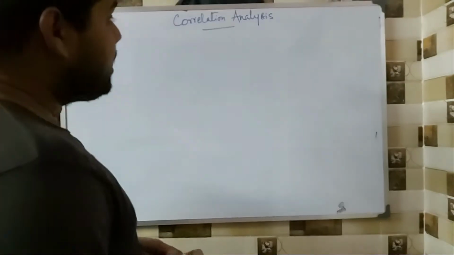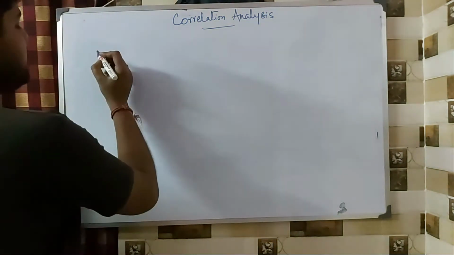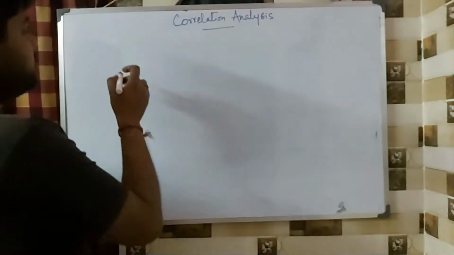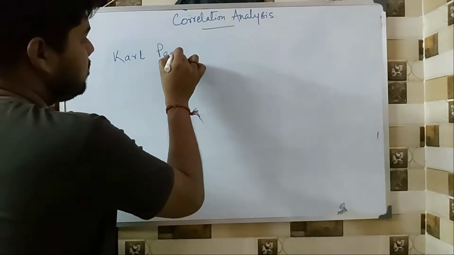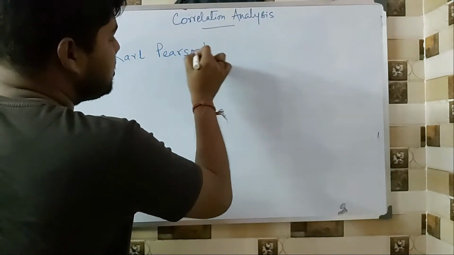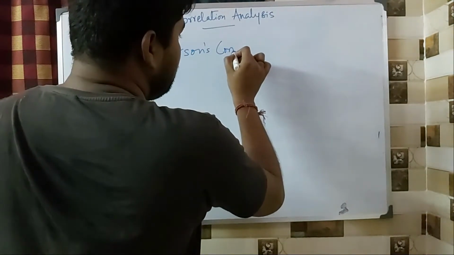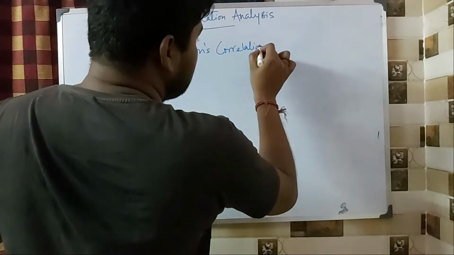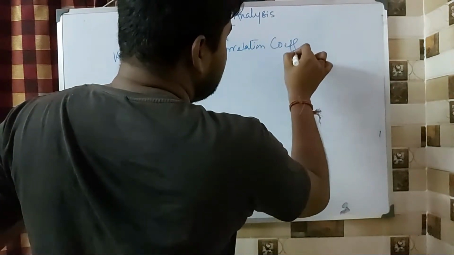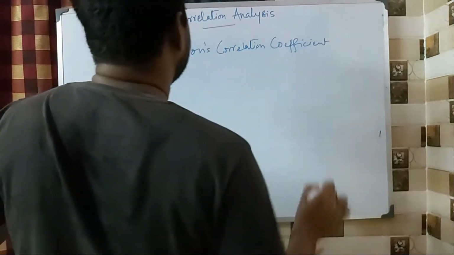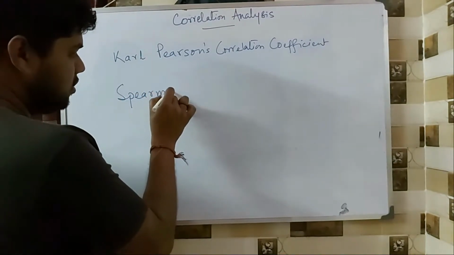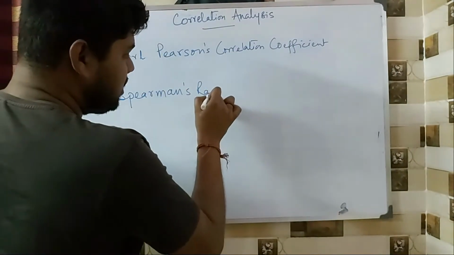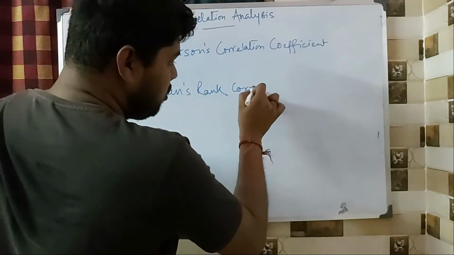Okay, so let us come back. Now, for the correlation coefficient, there are two different kinds. One is Karl Pearson's correlation coefficient, and another one is Spearman's rank correlation.